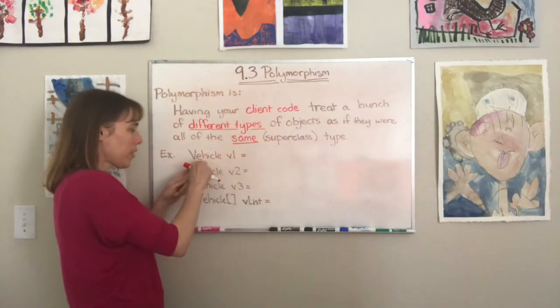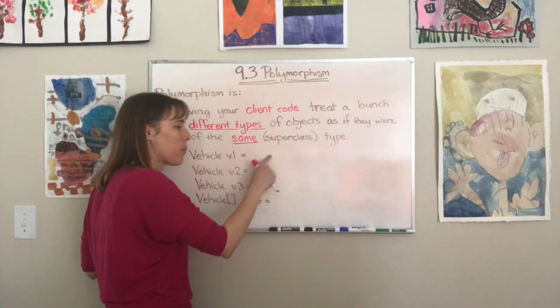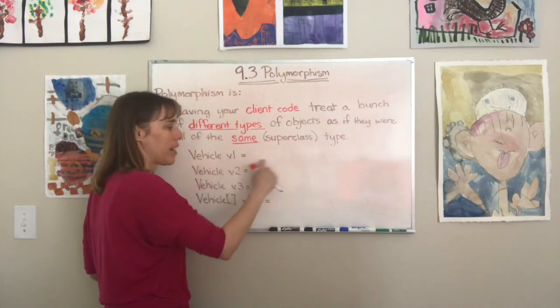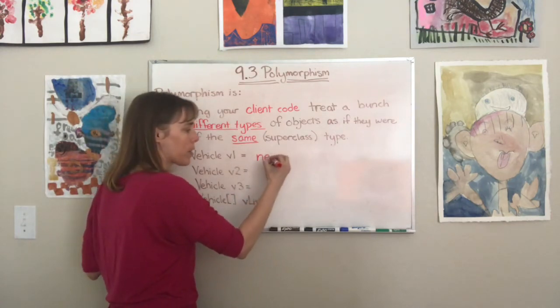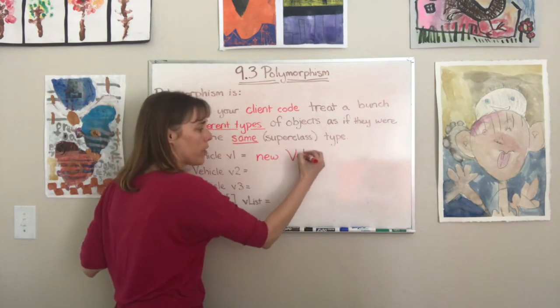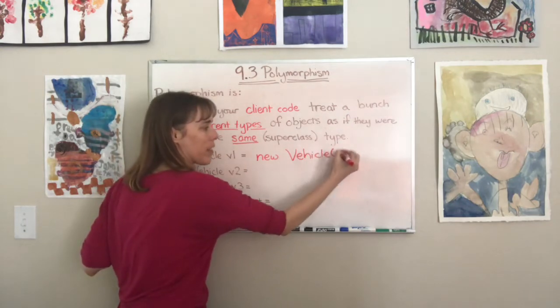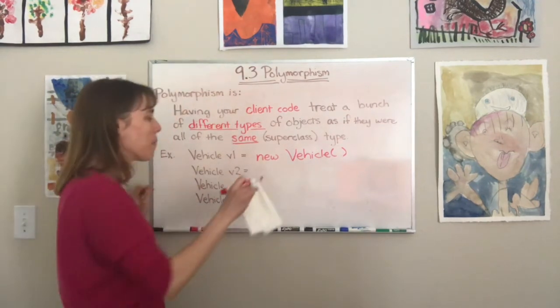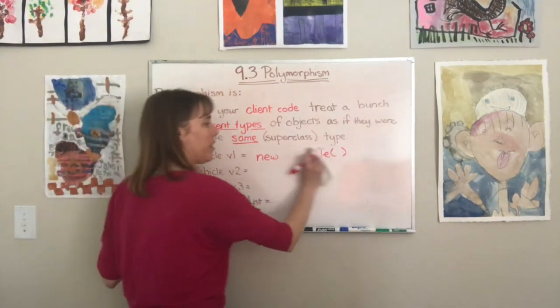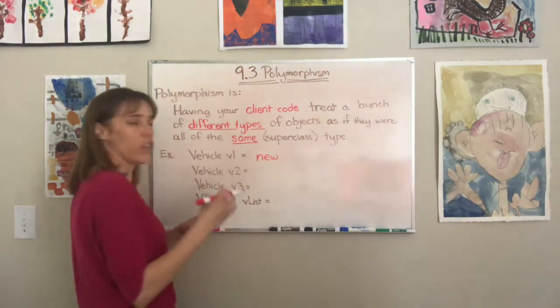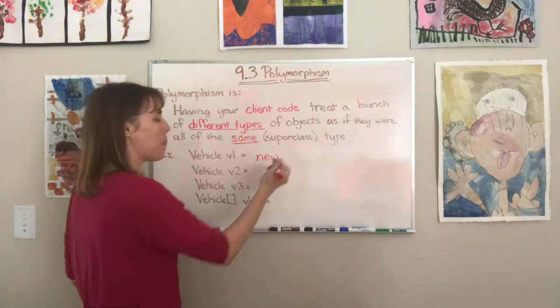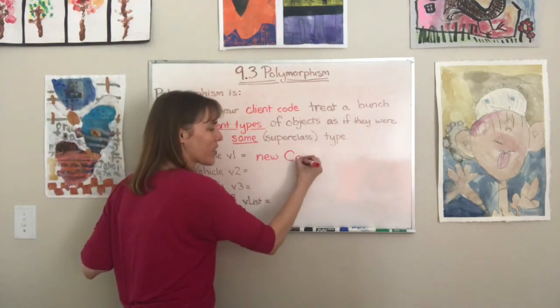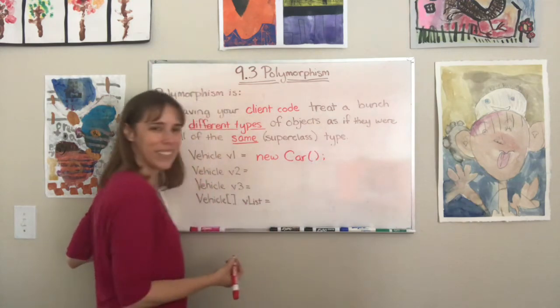So you can do this even when you're creating a new one. You would normally expect me to write something like new Vehicle, right? But this time, I'm going to create this vehicle, V1, and as far as Java is concerned, it's a vehicle. But I'm going to use the car constructor to create it.